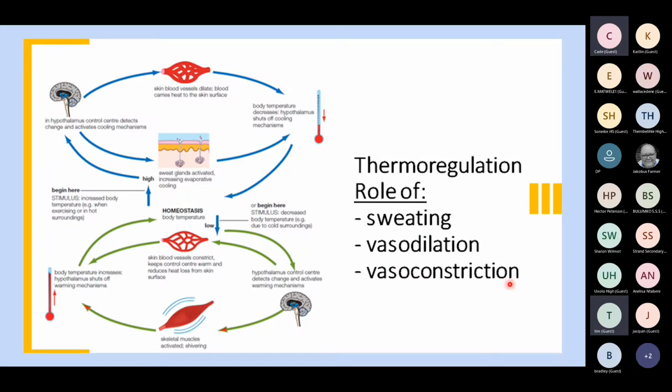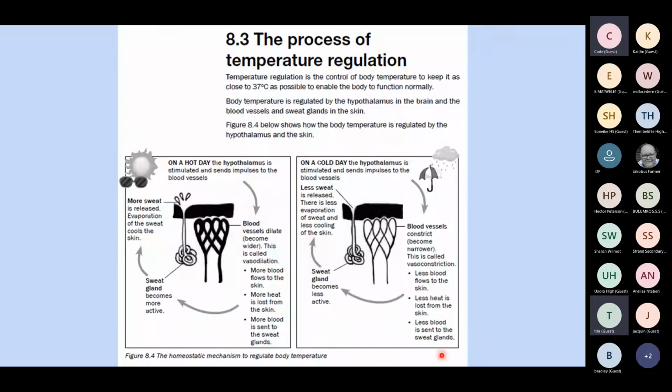Now, grade 12s, in your booklet on page 21, you must be able to define what is thermoregulation. What is meant by thermoregulation? You need to control body temperature.